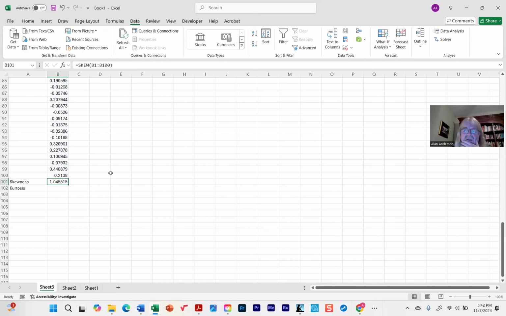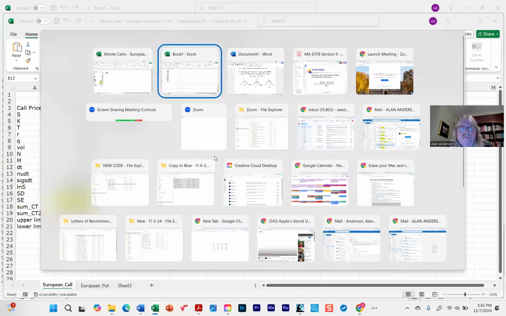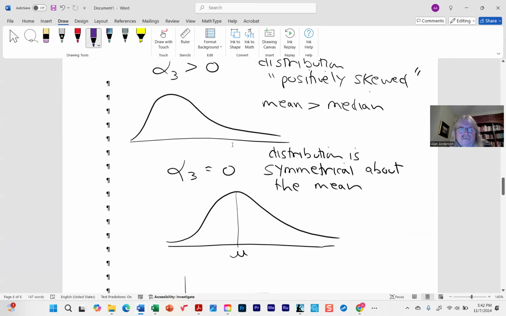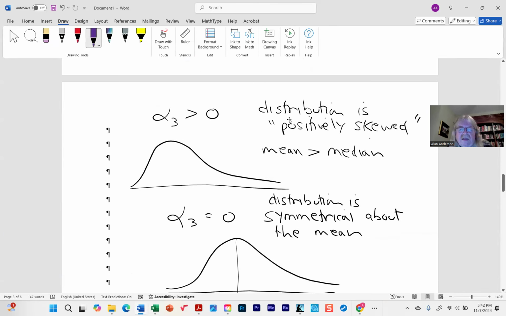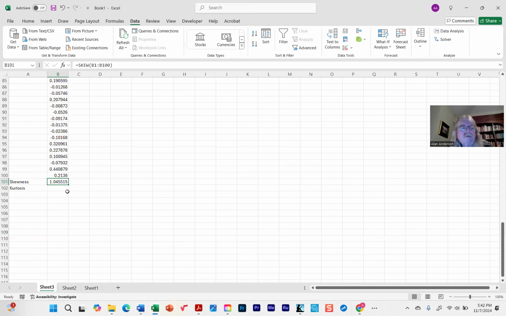The skewness is fairly large, which indicates something in this case. But it's the kurtosis that I'm really interested in.